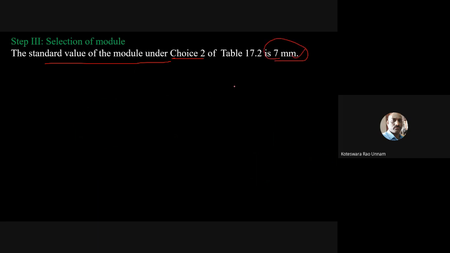You selected like that. Once you selected the pitch, again you need to calculate the parameters of the gear, and check whether this 7 mm is giving that 1.5 factor of safety or not. If the factor of safety is less than 1.5, you need to change the module and redesign it. If it is okay, then we can proceed with that.